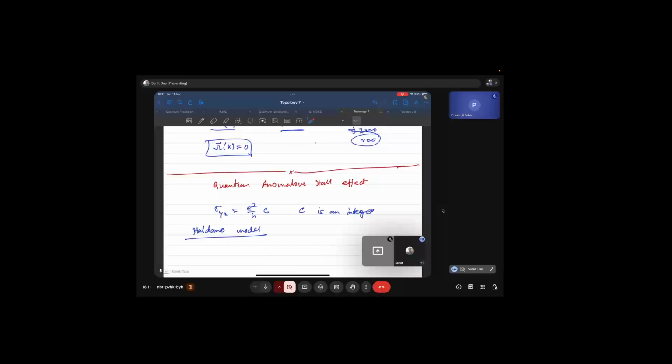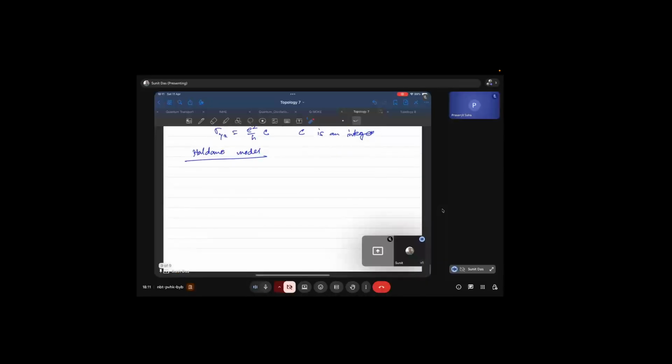So in previous few classes, when we talked about the quantum Hall effect, our goal was to understand that in conventional materials, if you plot rho xy versus B, it is linearly increasing.